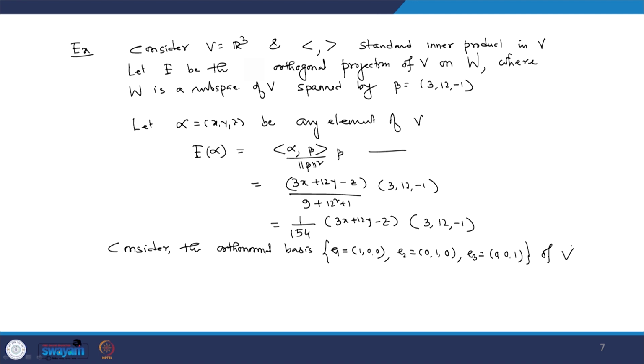Let me consider this standard orthonormal ordered basis. Then E of E1 will be equal to 1 over 154, with x replaced by 1 and y and z being 0. So, this will be equal to (9, 36, -3).